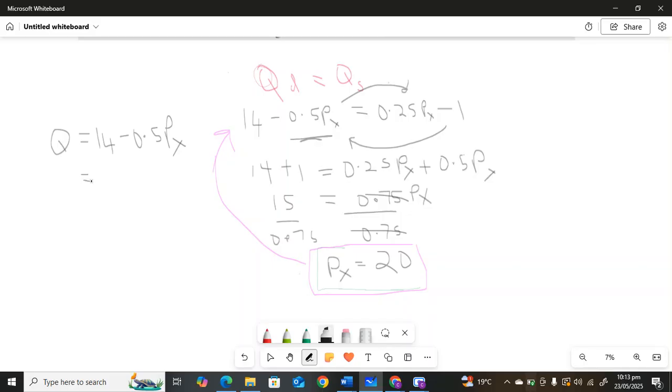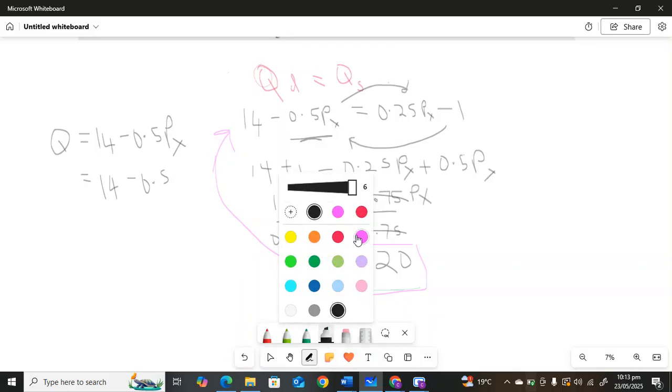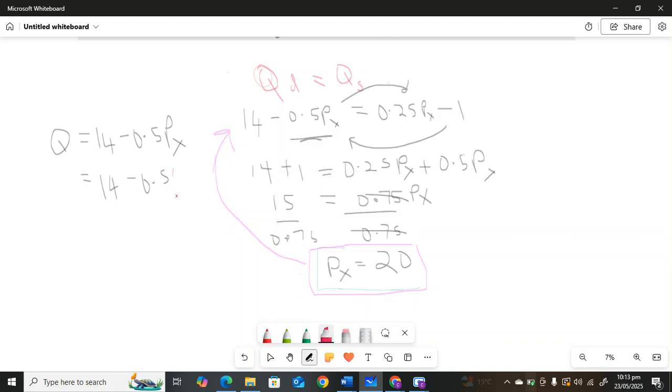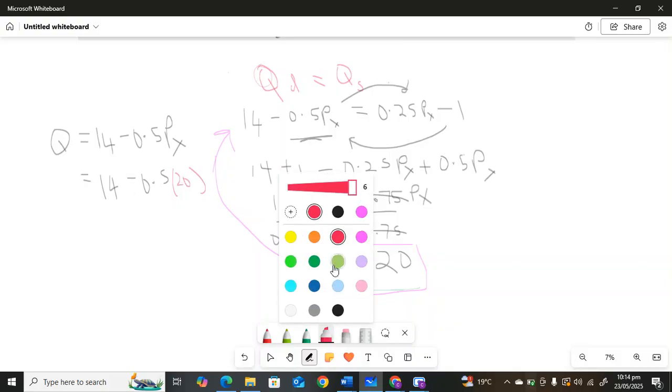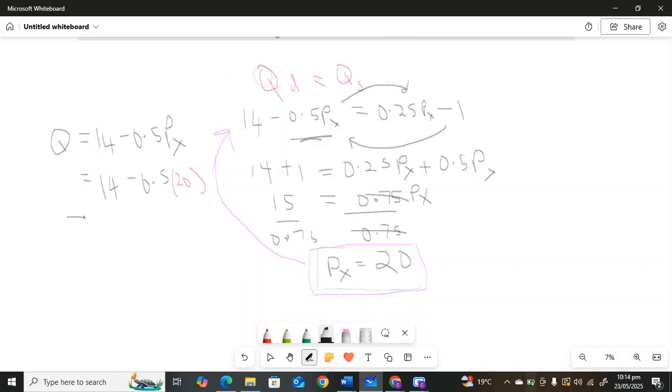We substitute Px with 20, so it's 14 minus 0.5 times 20, that is 10. 14 minus 10, that is 4. So the equilibrium quantity is 4 units.